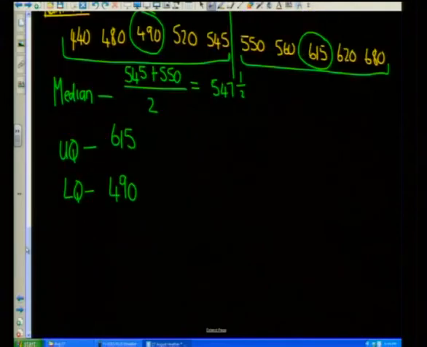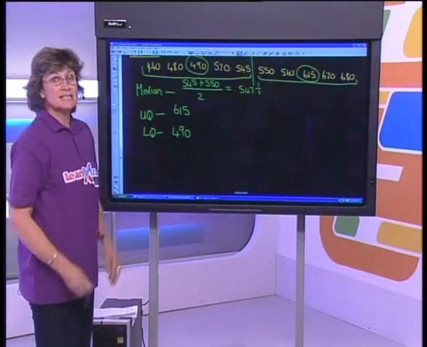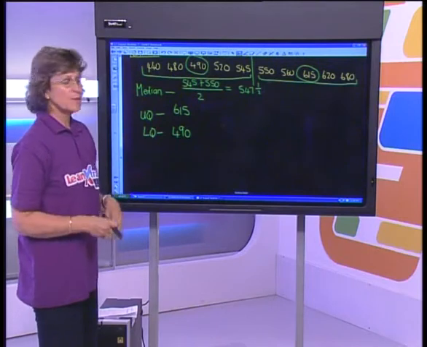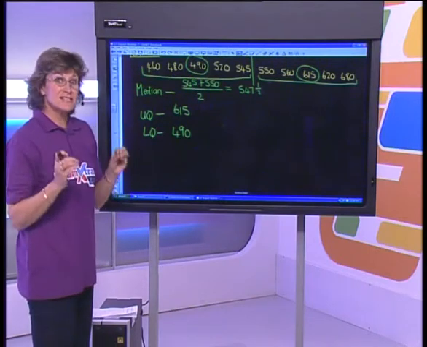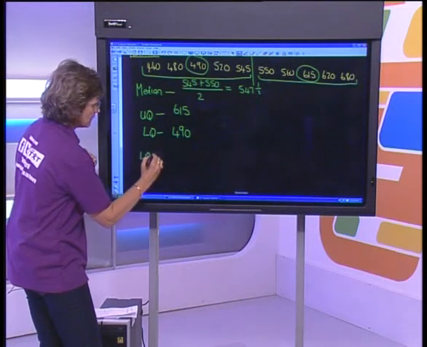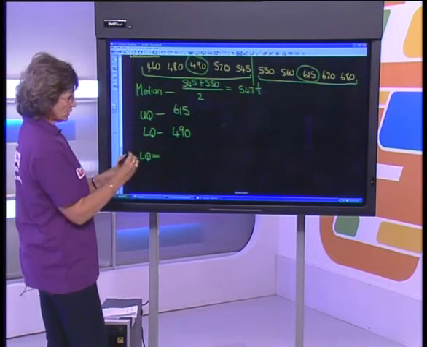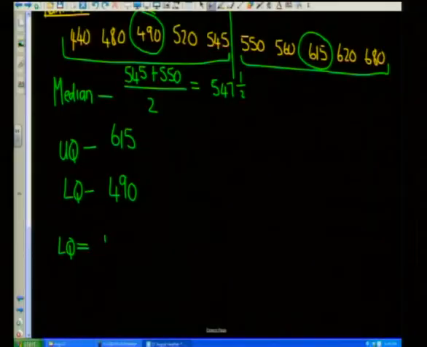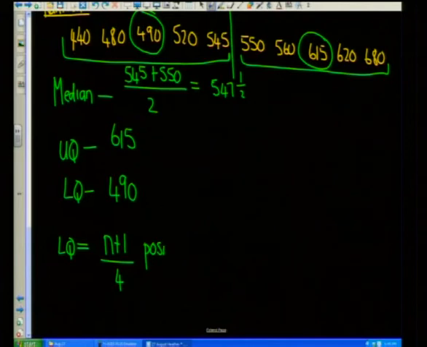Now, I know that some of you are jumping up and down and saying, but my teacher says. Yes, but your teacher says is fine. Some of your teachers, absolutely correctly, tell you that your lower quartile is in the n plus 1 over 4 position. So in other words, you have to say how many scores have you got?